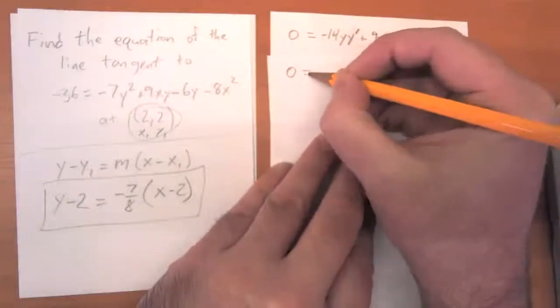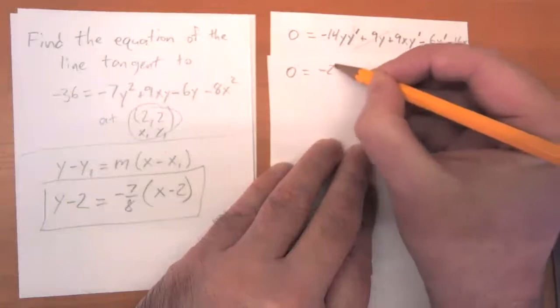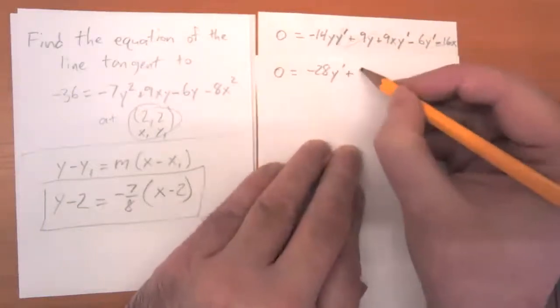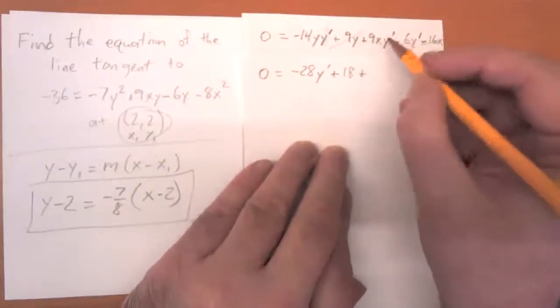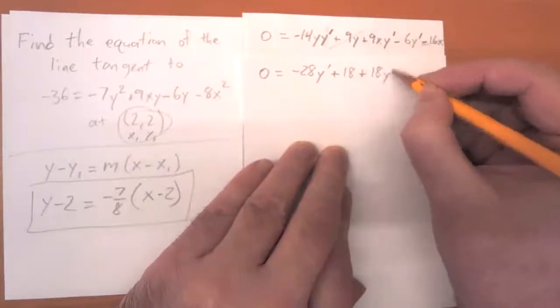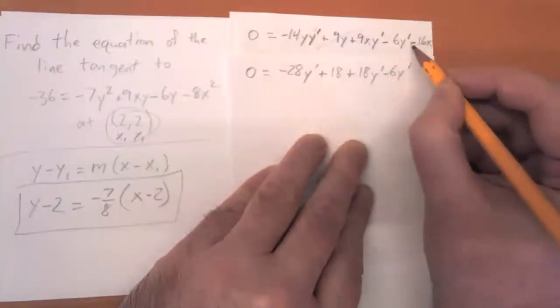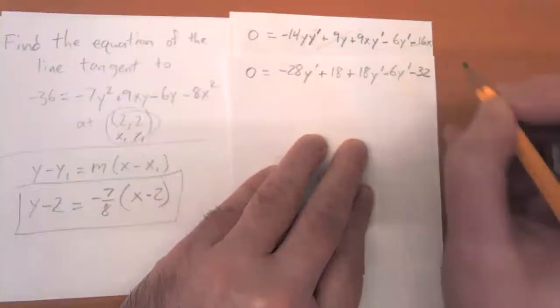So that becomes 0 is equal to negative 14y, which is negative 28, plus 9y, which is 18, plus 9x times y prime. So 9x is 18 y prime, minus 6y prime, minus 16x, which is minus 32.